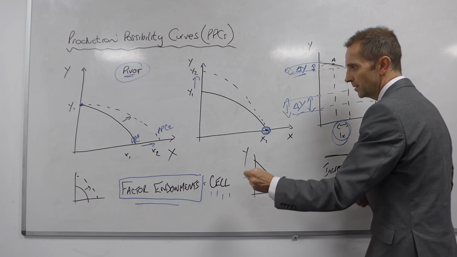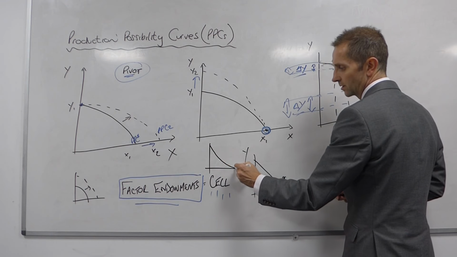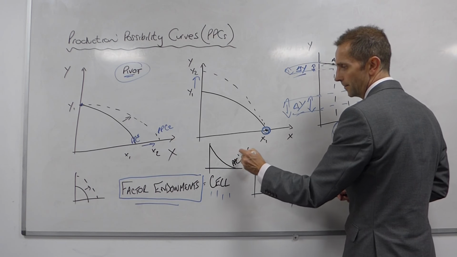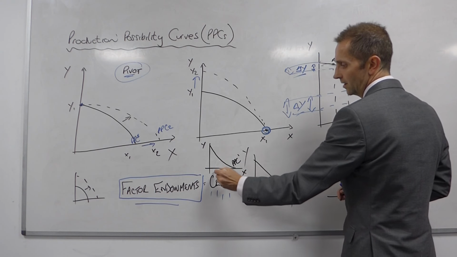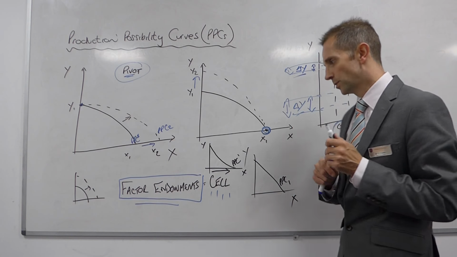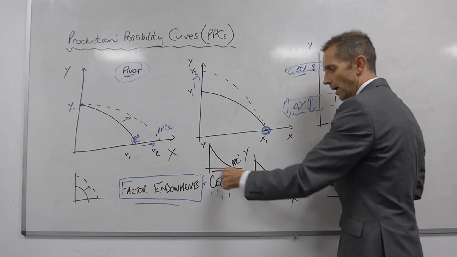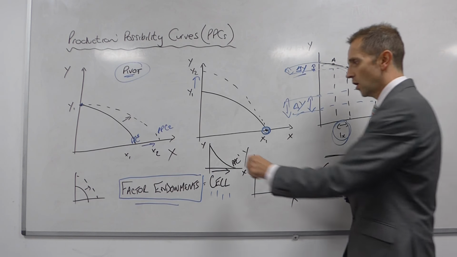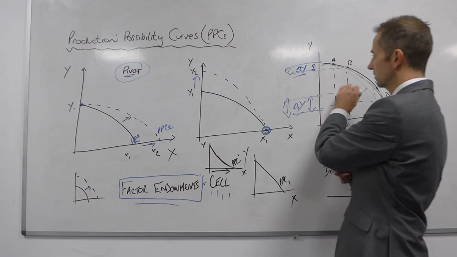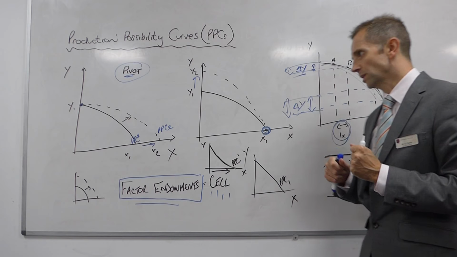Or if you had a PPC curve which was shaped like this, PPC1, then as you move in this direction, that is decreasing opportunity costs, because you would have to give up less and less units of Y to produce more units of X. Obviously, due to the concave, convex nature of these curves, you get that increasing, decreasing aspect.